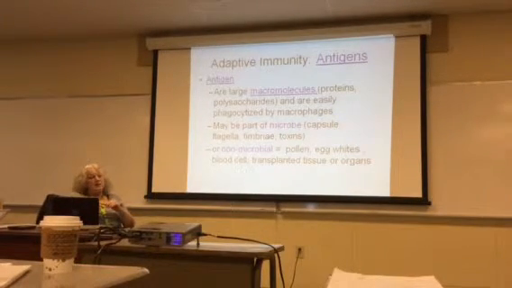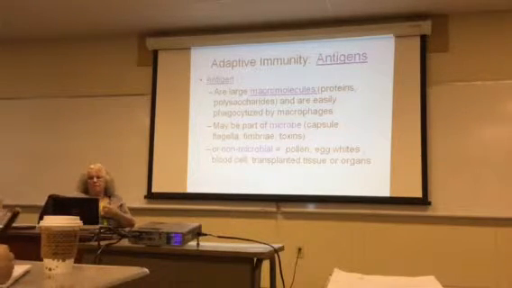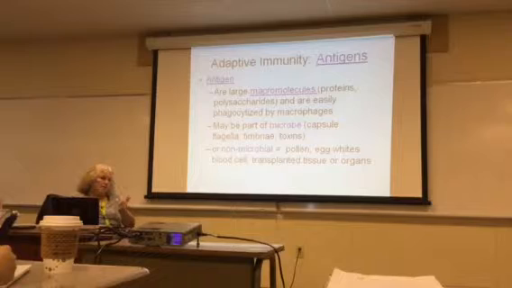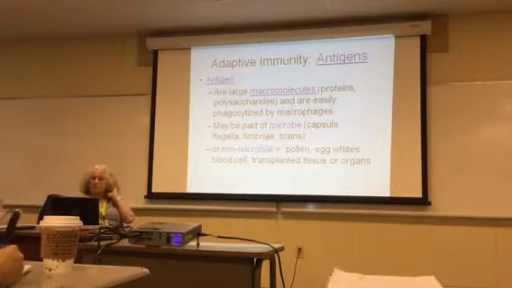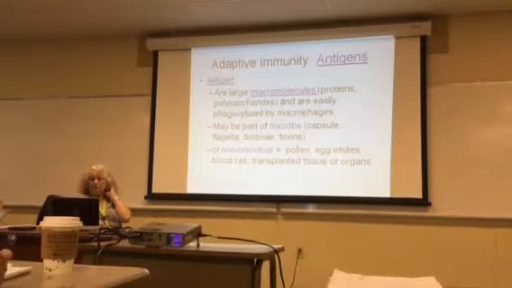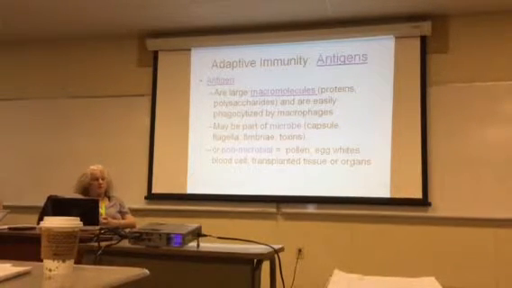Or they can be non-microbial. It could be pollen, so the immune response is when people have symptoms of an allergy. The egg whites, blood cells, you get the wrong blood cell, it's going to spark your immune system.